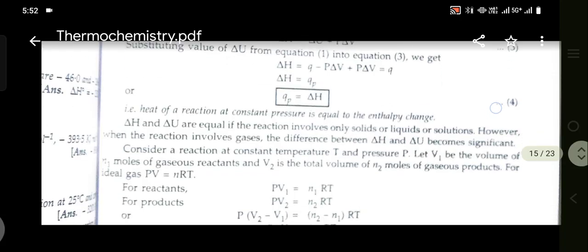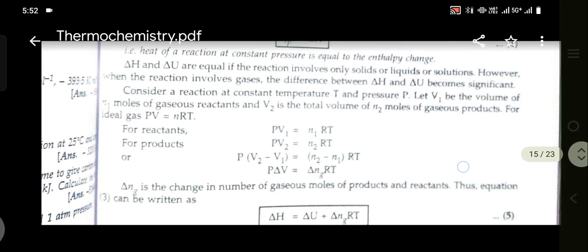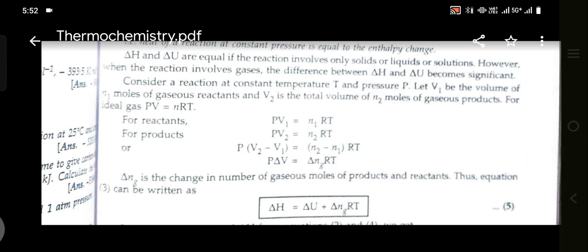Consider a reaction at constant temperature T and pressure P. Let V1 be the volume of the n1 moles of gaseous reactants and V2 is the total volume of n2 moles of gaseous products. For example, for an ideal gas PV is equal to nRT, PV1 will be equal to n1RT, PV2 is equal to n2RT. P(V2 minus V1) is equal to (n2 minus n1) RT. P delta V will be equal to delta ng RT.